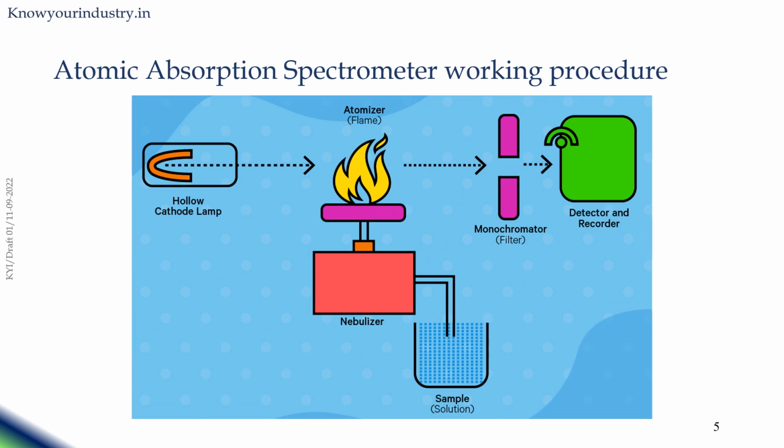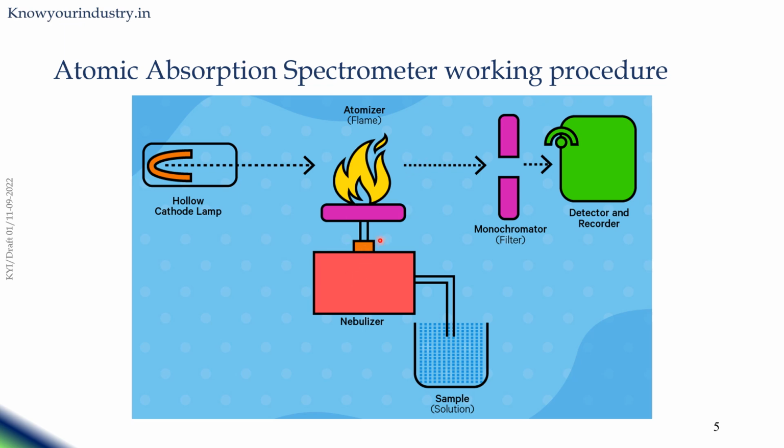In this particular slide, we are going to see how the atomization process happens in the instrument and how the different instrument parts help to form the atomization process. There will be a hollow cathode lamp and a source of energy in the instrument, and the sample in solution form gets nebulized and exposed to the high energy flame, and the light from the lamp will be passed through this flame.